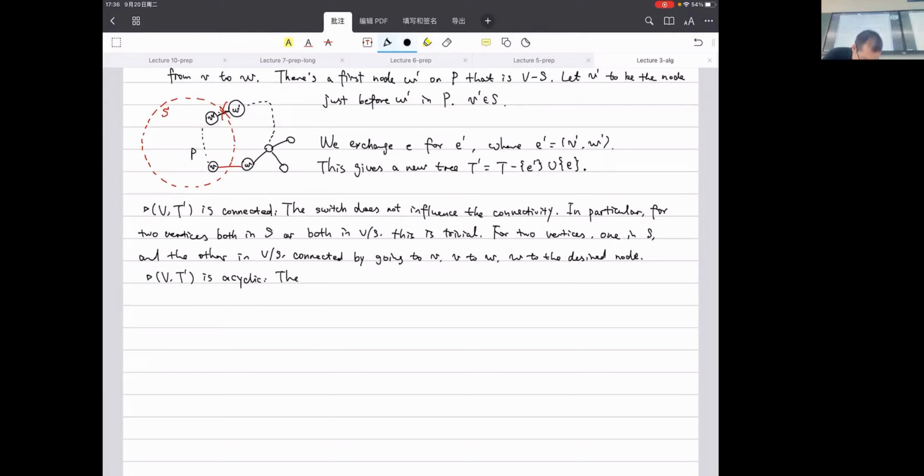This is because, if we consider both the edges E and E prime, the only cycle in T with the edge E is going to be P, this path with V and W. This is the only path that could have this edge incurred, but actually E prime is removed due to deletion of E prime.